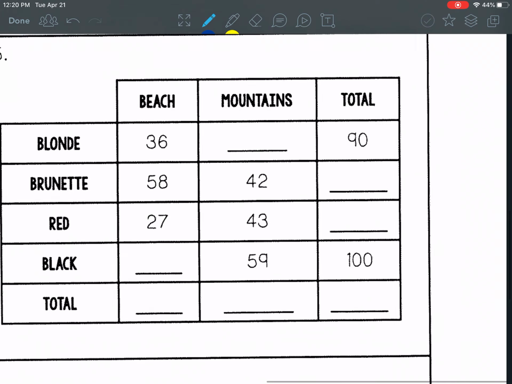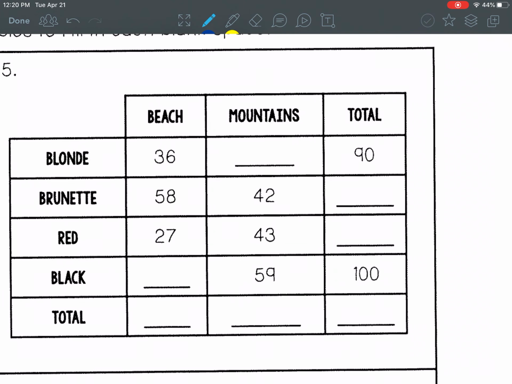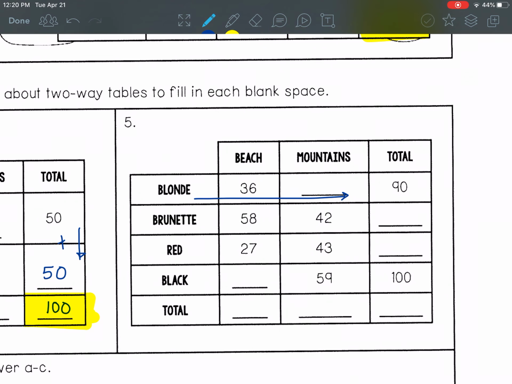Let's do one more. Again, we can only find the columns or rows that are missing one number. I cannot go this way because we have two numbers missing. It's not going to work out. So let's skip that one and go to the first row. We're looking at what color hair and what they prefer, beach or mountains.